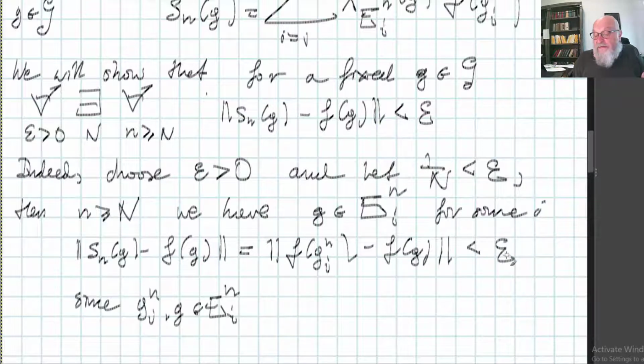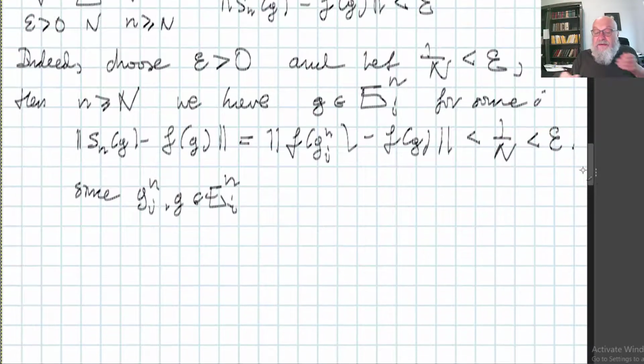Smaller or equal to 1 over n, smaller than epsilon. And that proves it.